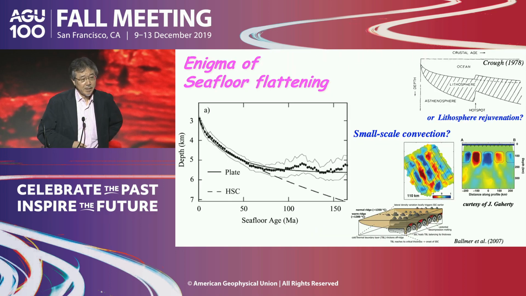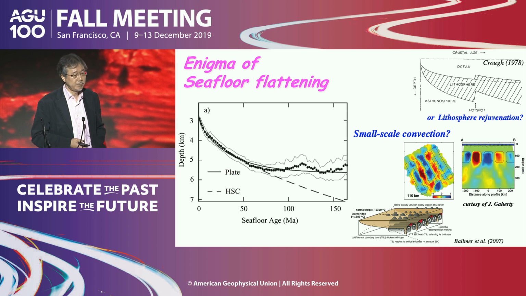With this kind of array, probably in the next 5 years or so, we should be able to resolve one of the classical problems in plate tectonics, which is the enigma of seafloor flattening, shown like this. And with this array technique, by delineating the structure of the asthenosphere in detail, you should be able to tell which proposed mechanism is more appropriate.